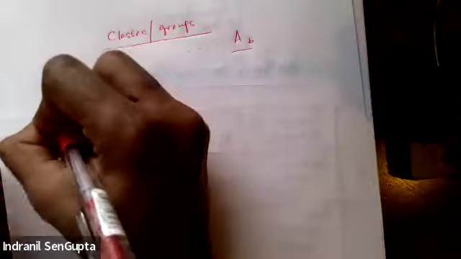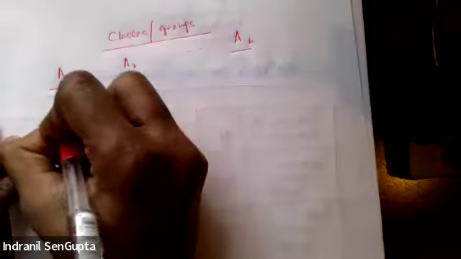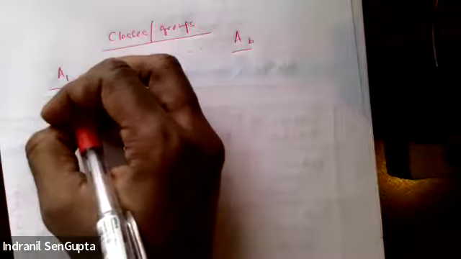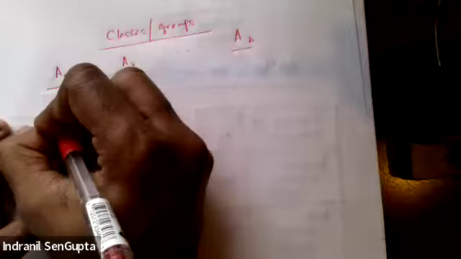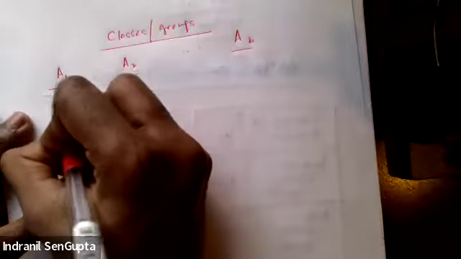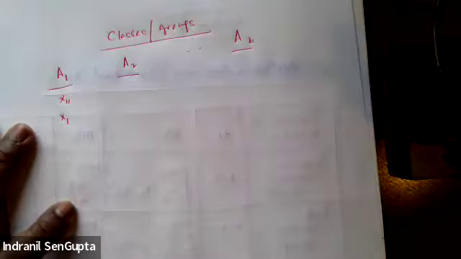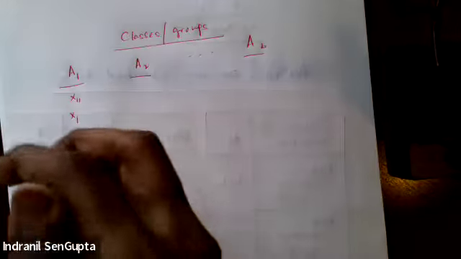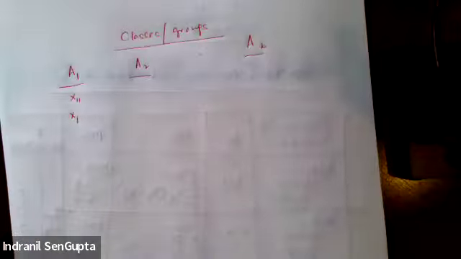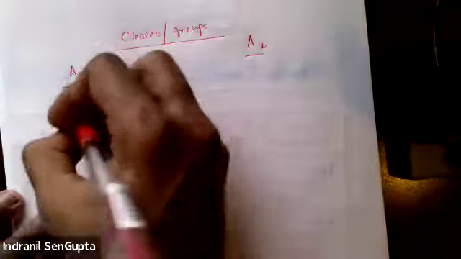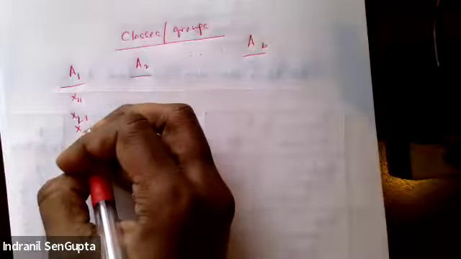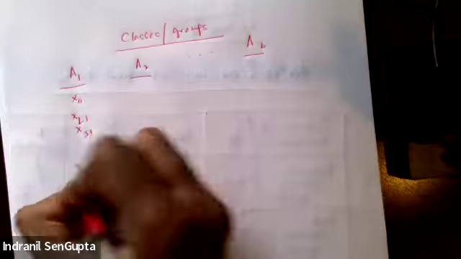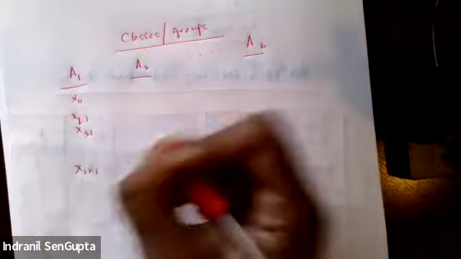And then the values here are X11, the first one, and then X21, X31, all the way up to X1N1.